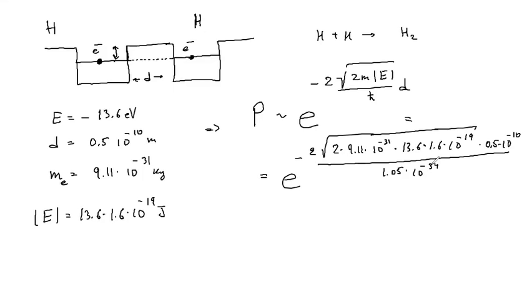Let's move the powers of 10. 31 and 19. What is going to be the total? Minus 31 and minus 19. Is it 50? Yeah. Minus 31 minus 19, 50, yeah?